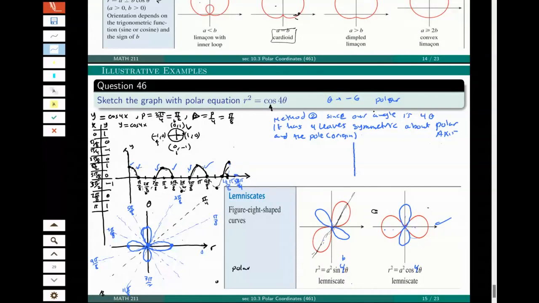So if we are relying on the formula, we will say I have 4 leaves. This is the first leaf, which is symmetric about the origin, and that's another leaf, and it will be symmetric about the polar axis and the origin. So here I am relying on the table, and here I am relying on the points. You can choose any method you like, but both of them will be correct.